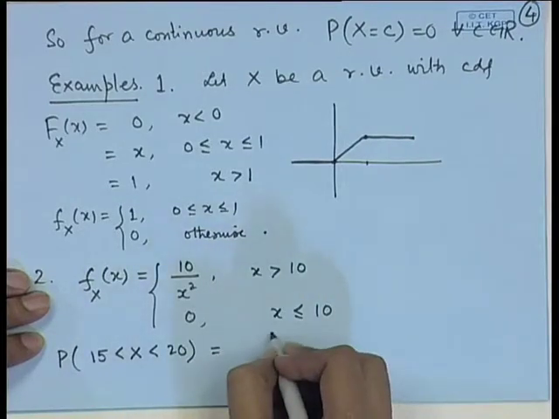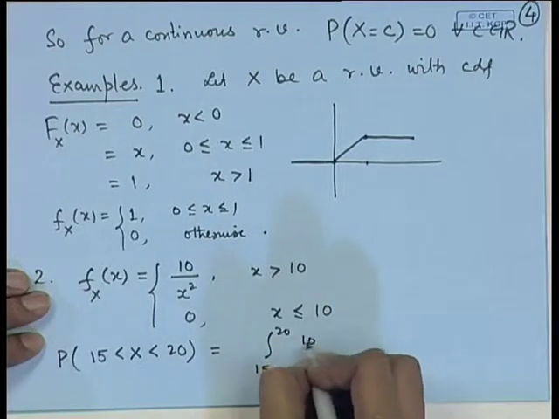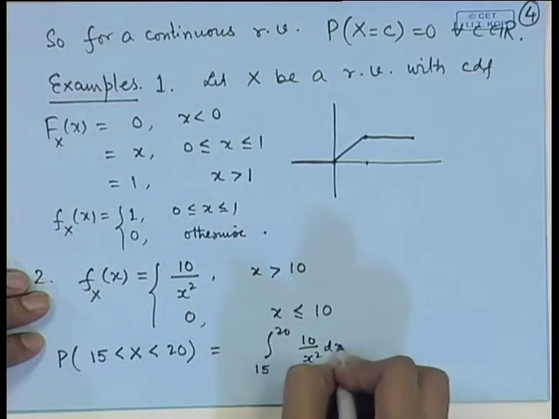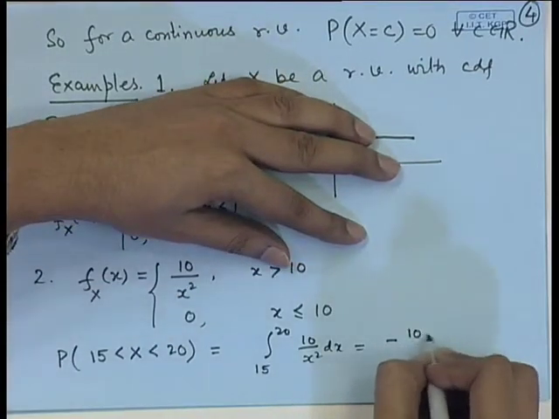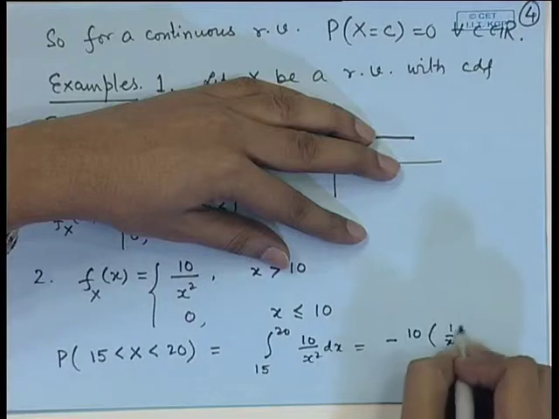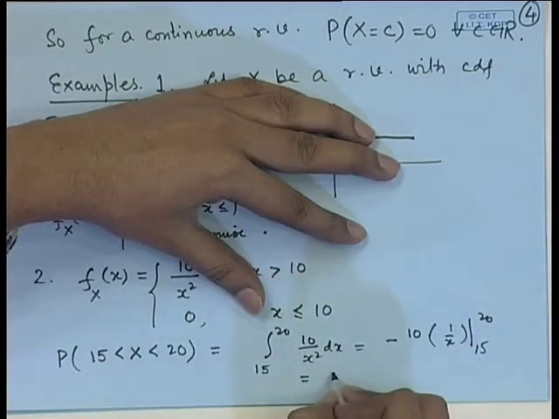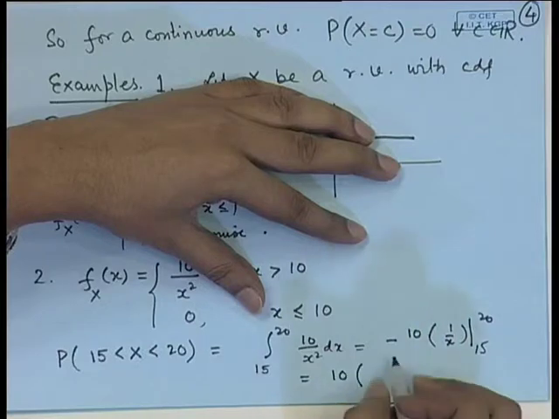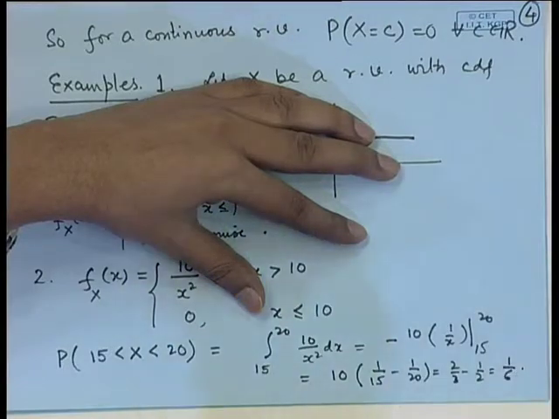Then it will be equal to the integral from 15 to 20 of 10 by x square dx, that is equal to minus 10 times 1 by x from 15 to 20, that is 10 times (1 by 15 minus 1 by 20). So, 2 by 3 minus half, that is equal to 1 by 6.